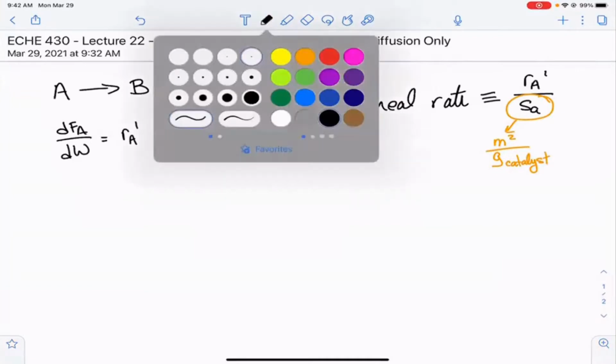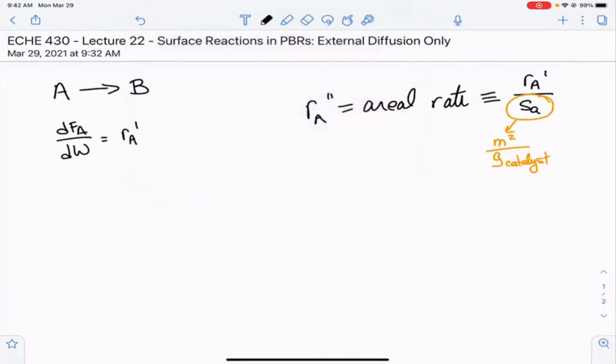For some materials, especially nanomaterials, meter squared per gram is a very good metric. Sometimes if you have large, like 100 micron size particles, you'll discuss it in centimeters squared per gram, but still it's some length squared to get us an area per gram.